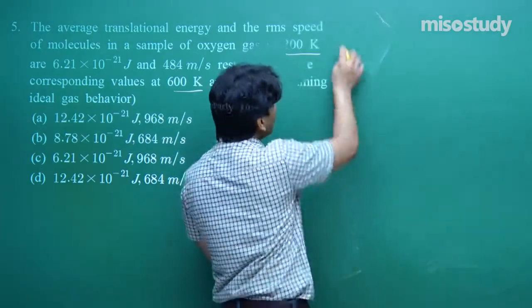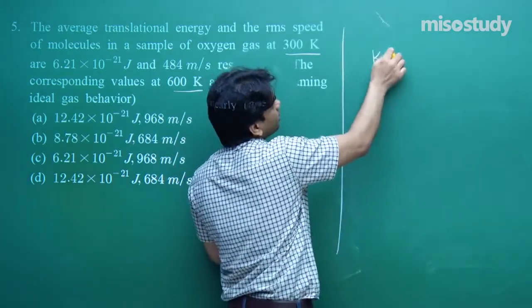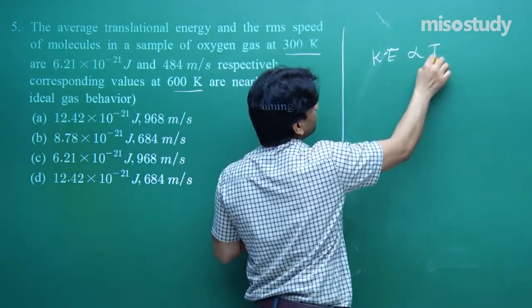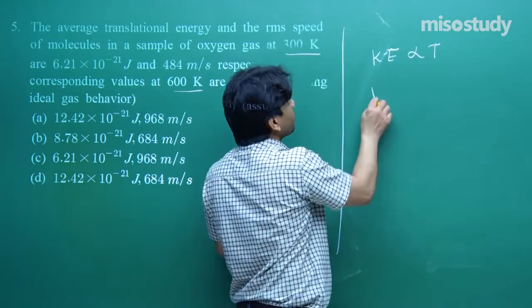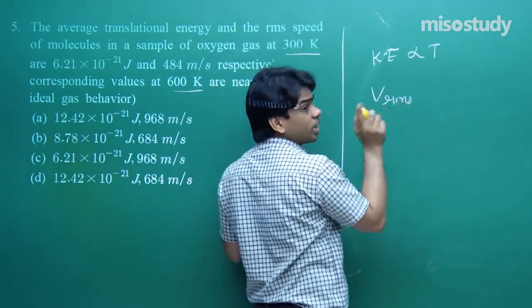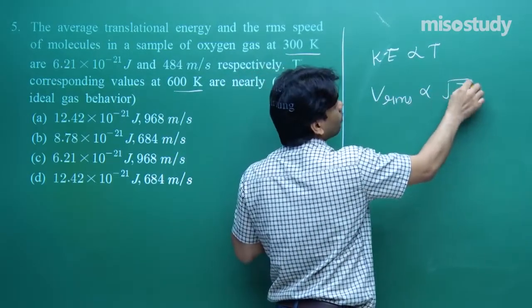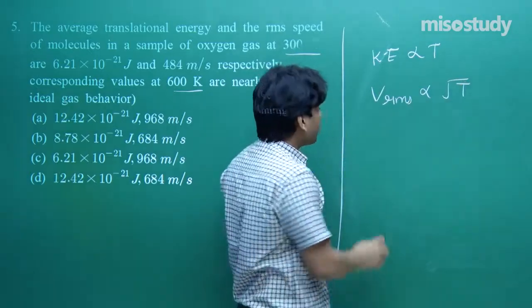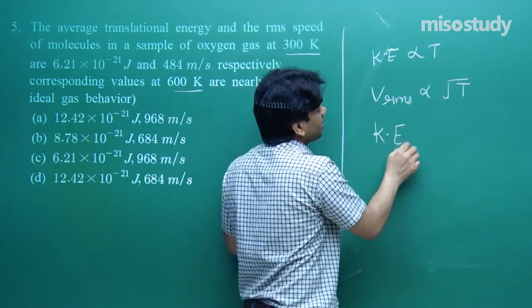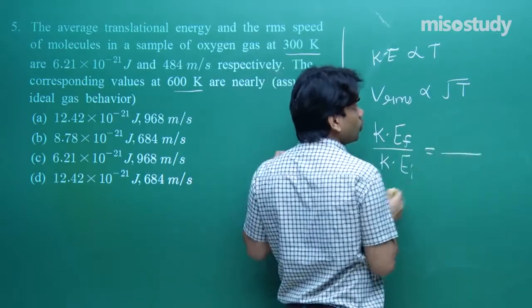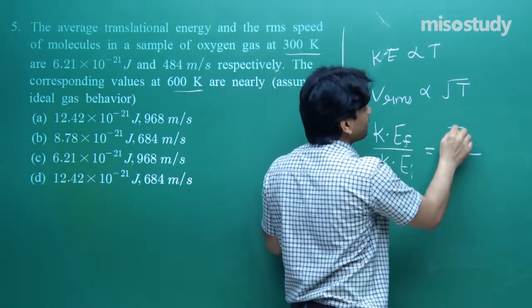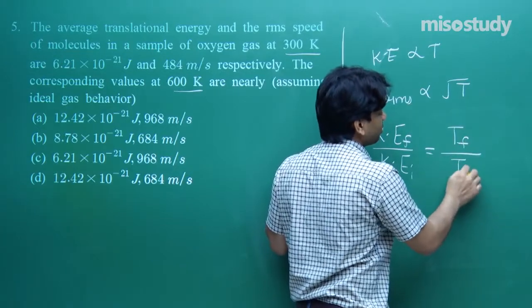Now I'll be doing this very quickly. Kinetic energy is proportional to temperature. Let me tell you, it is exactly proportional to temperature, and Vrms is under root 3RT by m, so it will be proportional to under root of temperature. So if I write final kinetic energy divided by initial kinetic energy, we can write this as equal to final temperature divided by initial temperature.